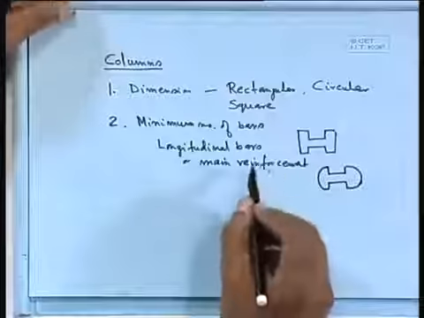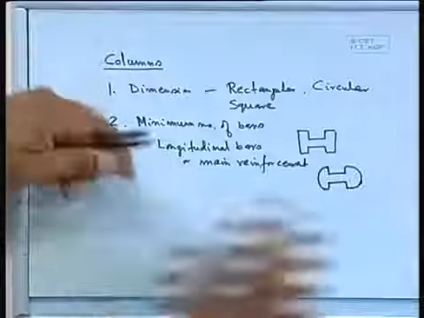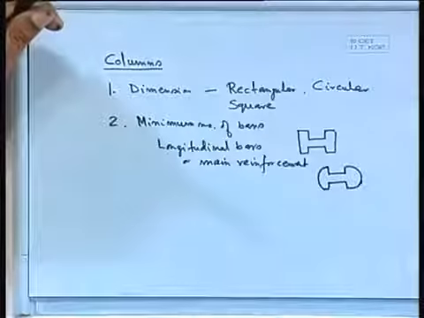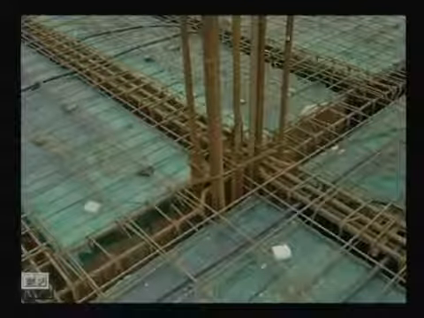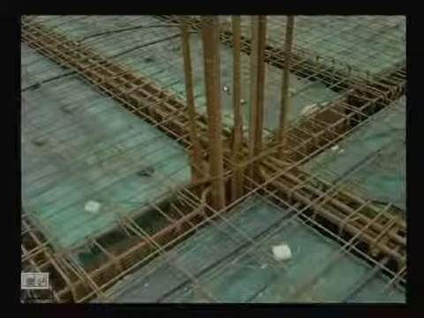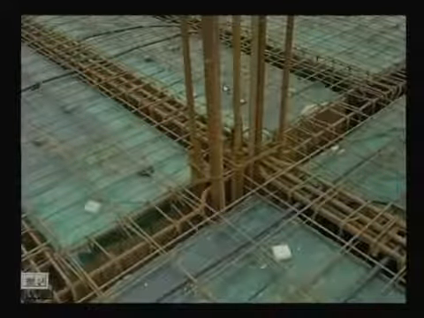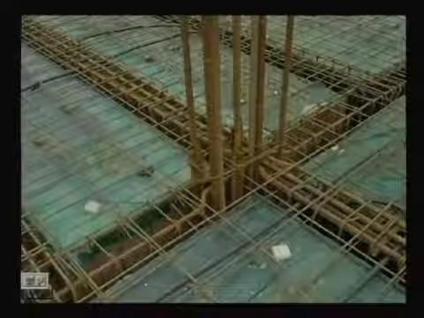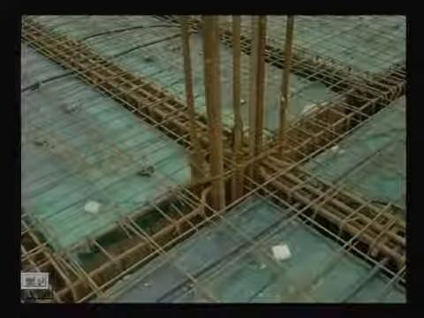This main reinforcement is longitudinal, here this one. When we talk about this one, it means concrete and steel both together will share the load, and that part will be shared by this longitudinal one.